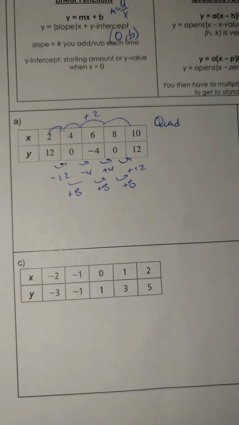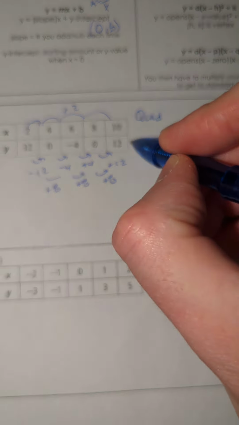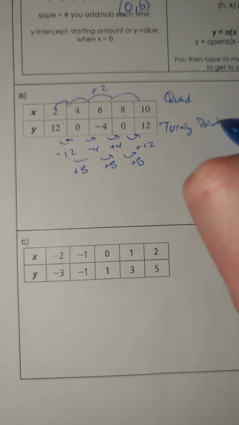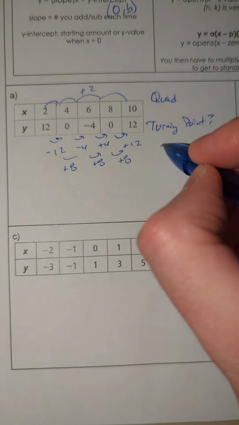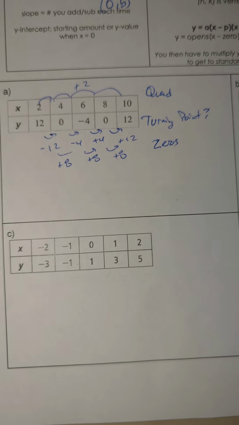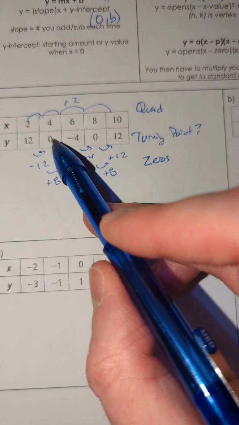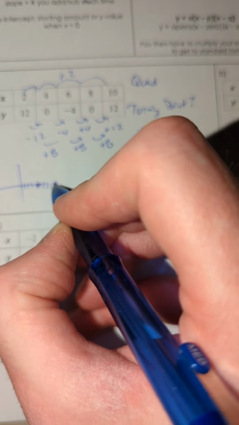So I would need to identify, do I see a turning point? Do I see zeros? In this case, I see my zeros. My zeros are here, where y value is 0. If I were to graph this, I would be at 4, 0 and 8, 0.